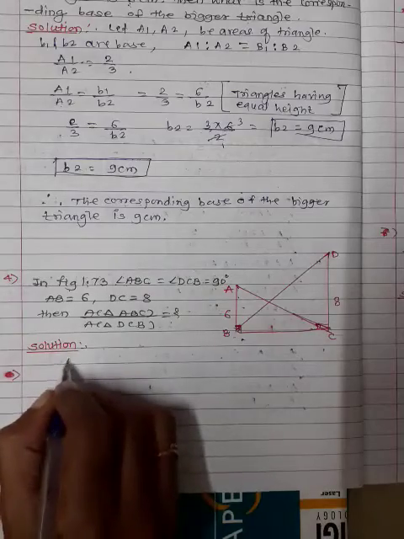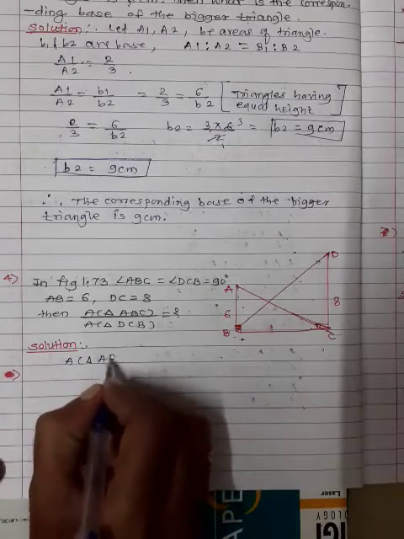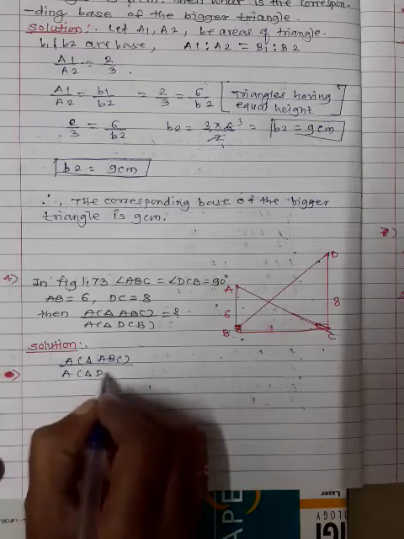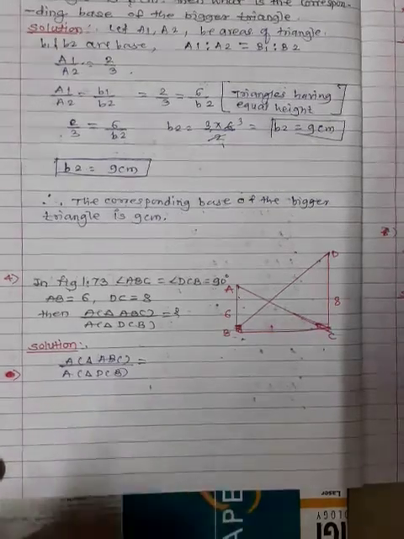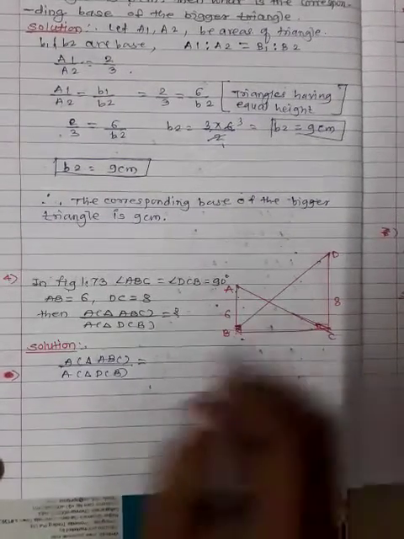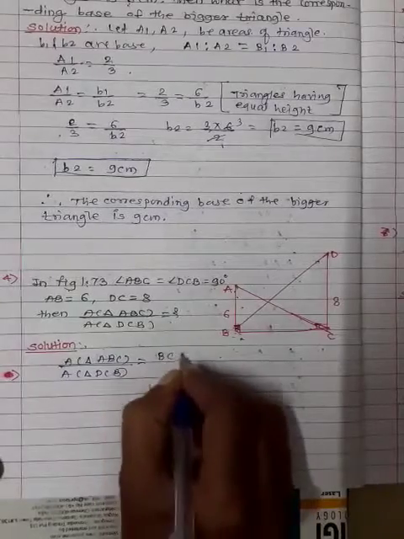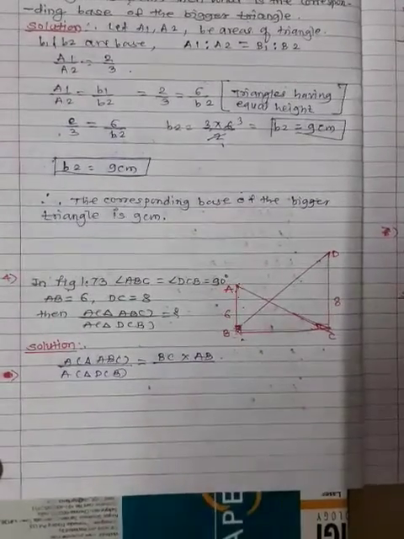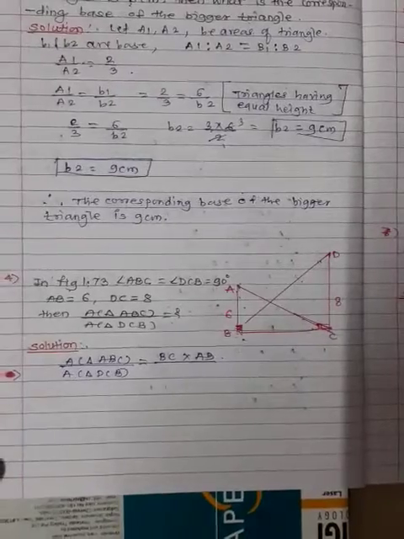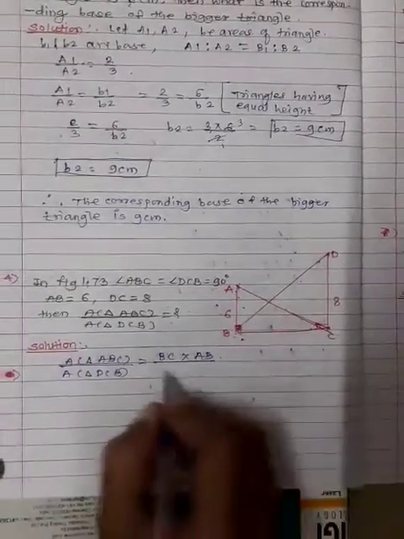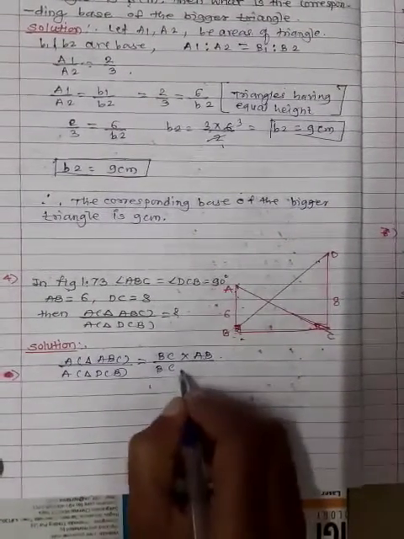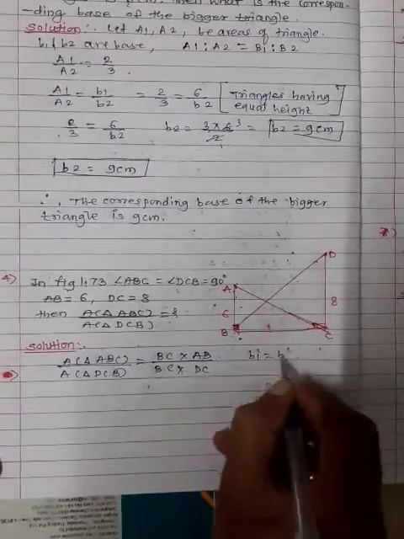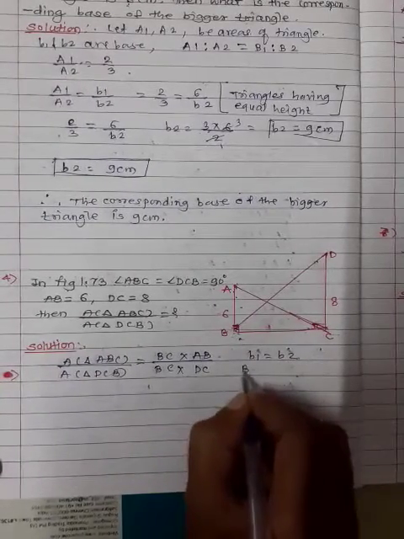Solution. Area of triangle ABC upon area of triangle DCB is equal to base BC multiplied by height AB, upon common base BC into DC. B1 is equal to B2, the base is the same.